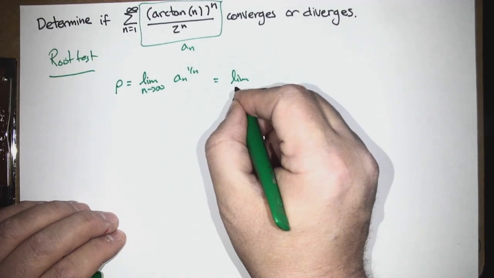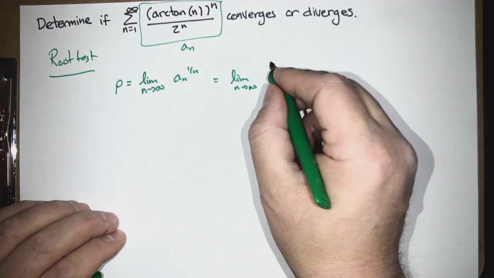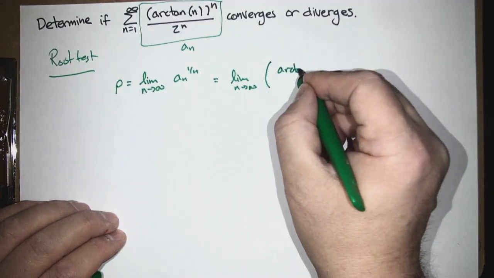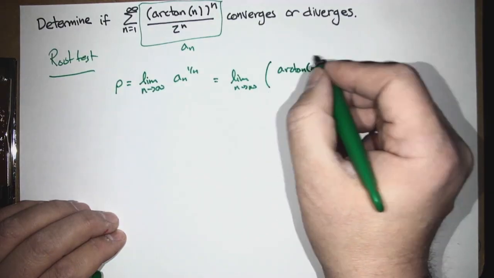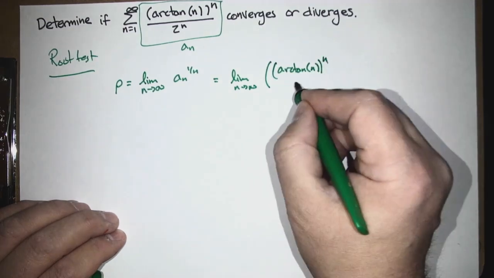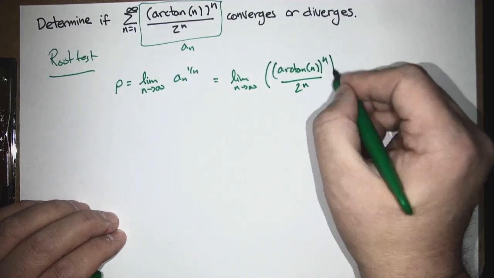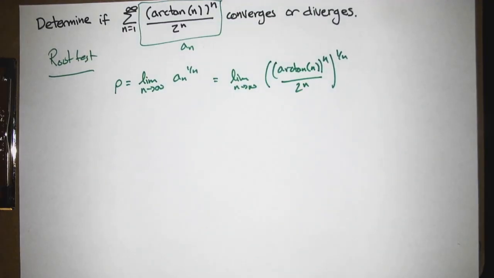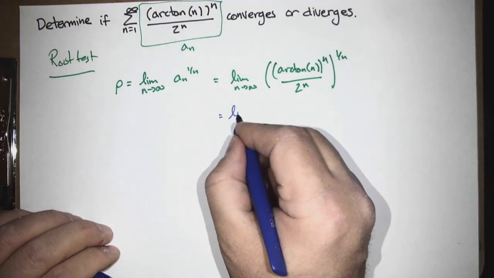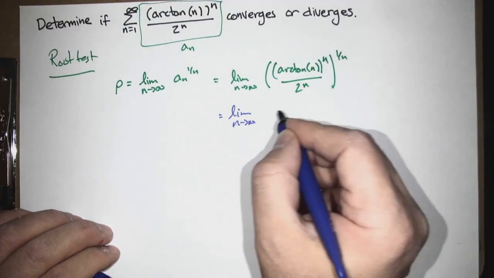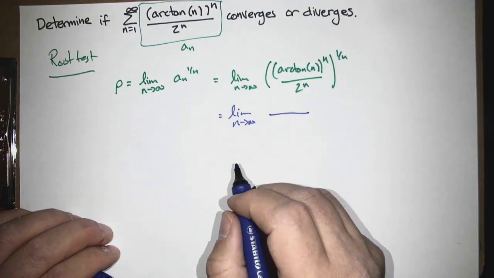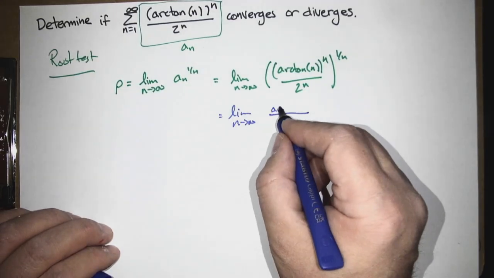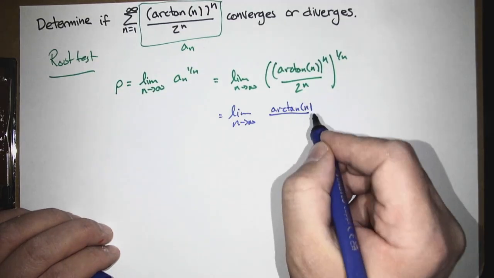That's our limit: n goes to infinity of arctangent of n to the nth power divided by 2 to the n, to the 1 over n. Well, this simplifies a bit. What does this become? Upstairs, arctangent of n. Downstairs, 2.